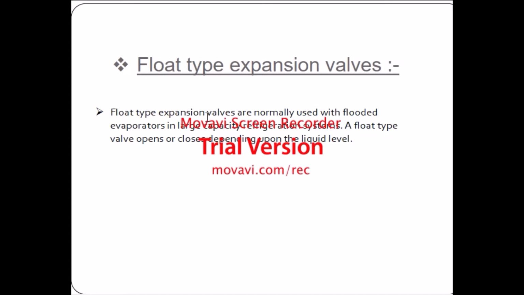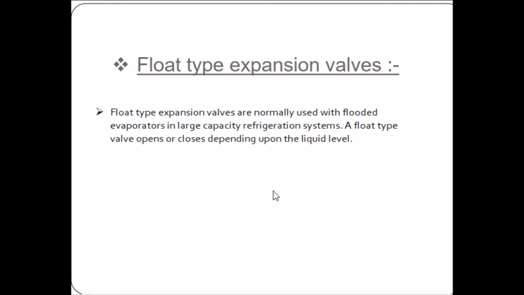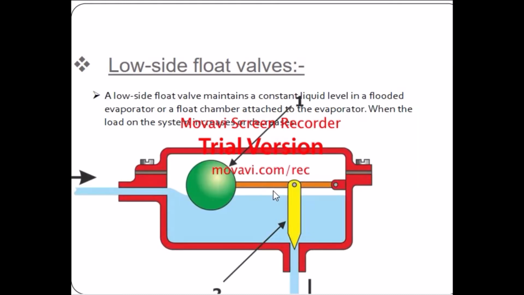Float type expansion valves are normally used with flooded evaporators in large capacity refrigeration systems. A float type valve opens or closes depending upon the liquid level. So it just controls the level. Okay, we can check how the schematic works of the low side. Actually, this one is the low side system.